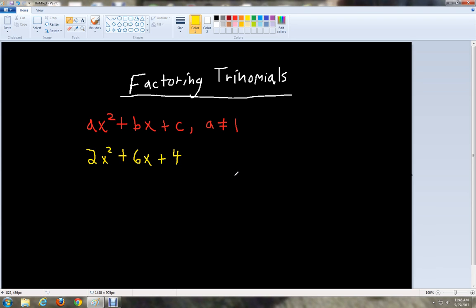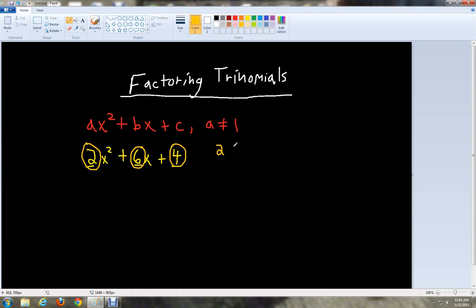So in this example, we can see that each of these numbers, coefficients 2, 6, and 4, they're all even numbers, so they all share a common factor. So what we're going to do is use what's called the greatest common factor out of all of these numbers, 2, 6, and 4.